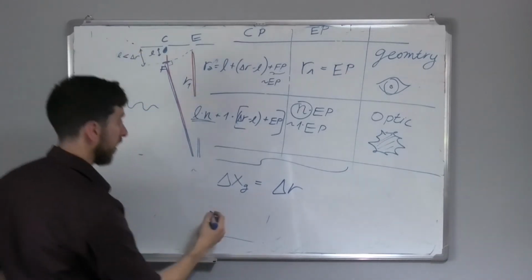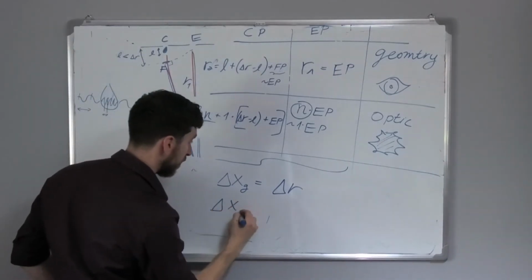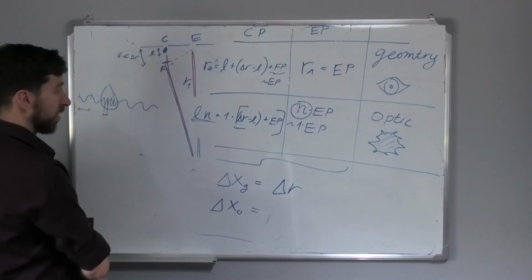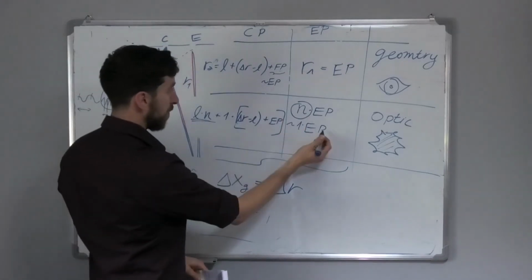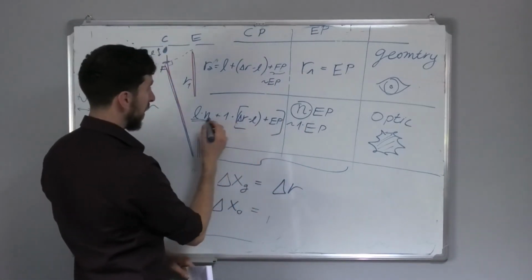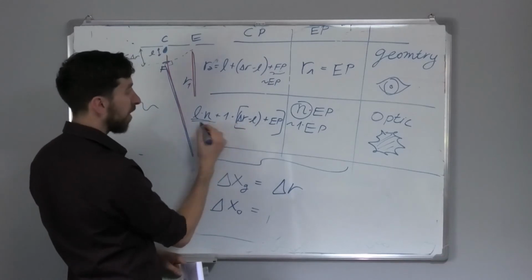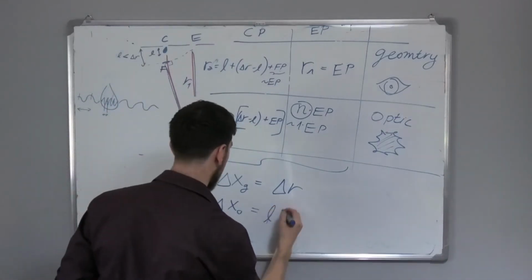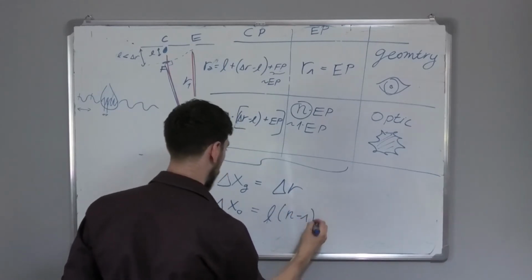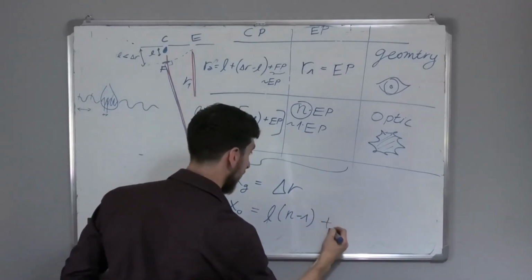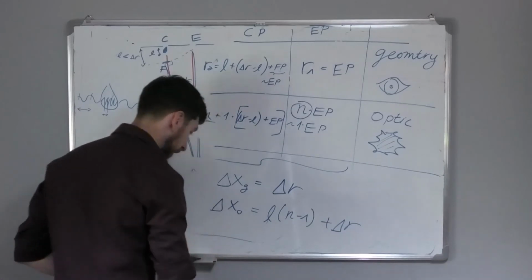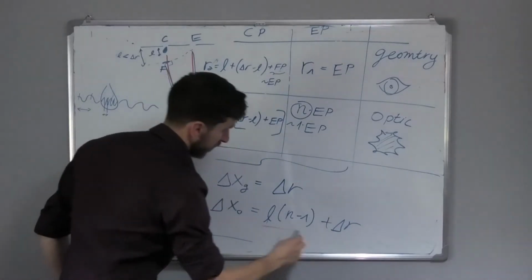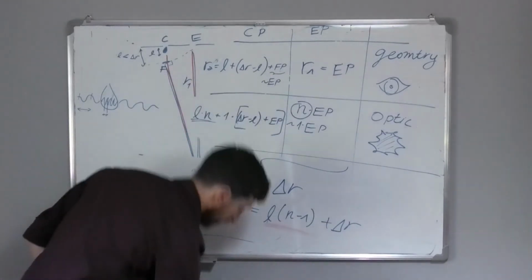But from the optic point of view, EP and EP fall out, but here L does not fall out. We stay with L times n minus 1, plus delta R. So we actually got an extra term, this term.